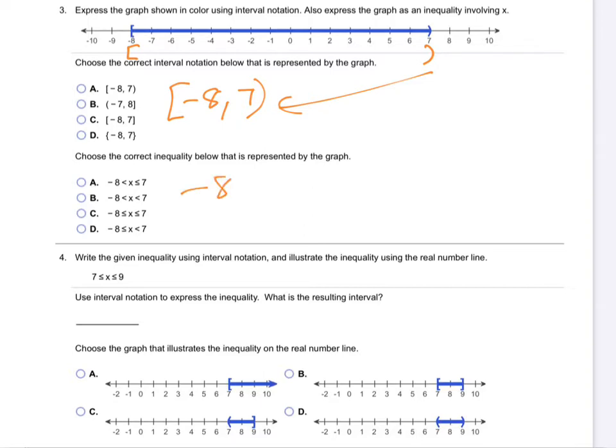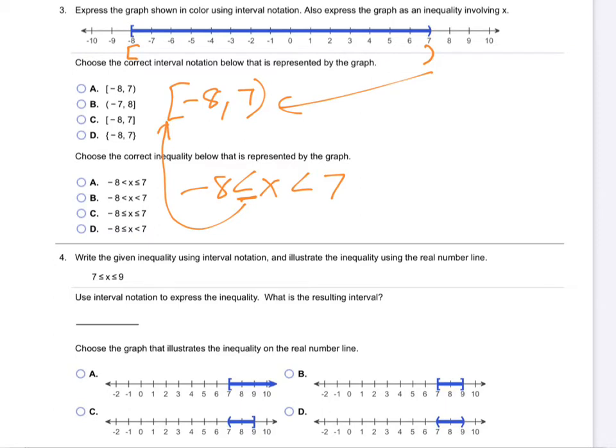Like that. And then how would we write our interval? So we're going to put a negative 8 and a 7. The x goes in the middle. The x means the chunk of numbers. So you put both of these, but which one gets the equals? The negative 8, because of the bracket. And the other one doesn't.